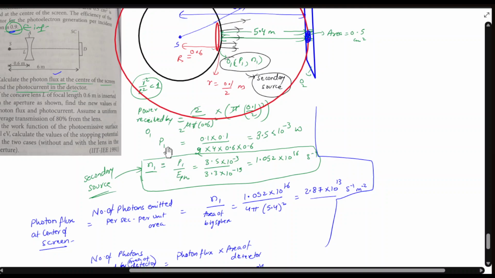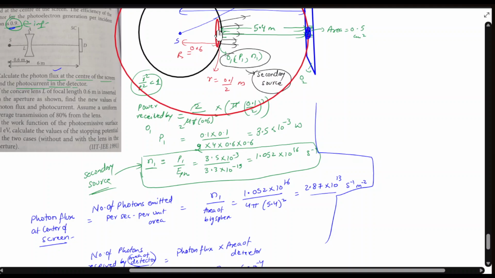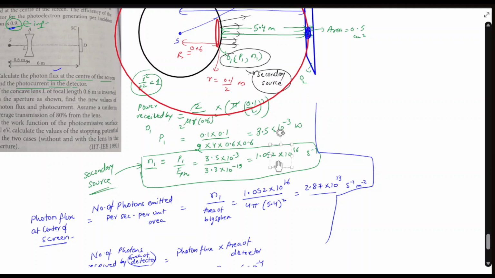So the power will be the net power divided by 4 pi r square into the pi r square of this area, right? Then if we get the power, we can find the number of photons per second coming on the surface. So it will be P1 upon the energy of each photon.